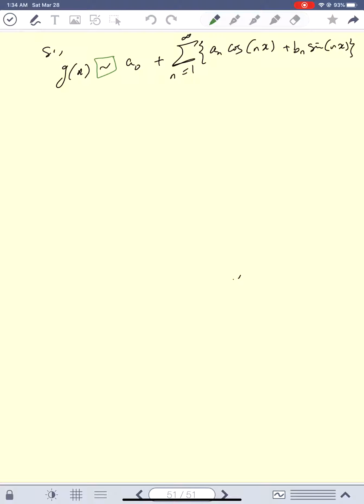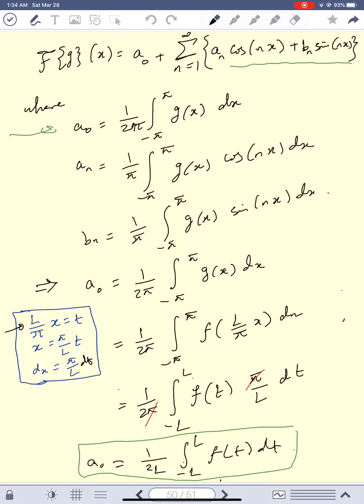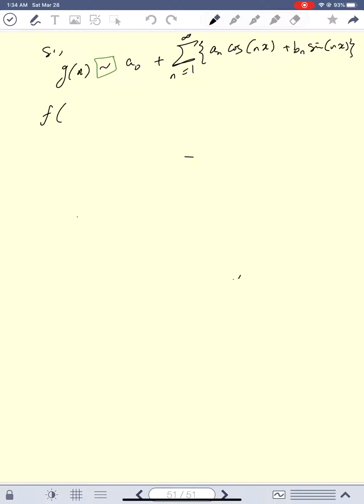This is just to say the Fourier series of g is equal to this. Sometimes we write this, sometimes we write that. But I like to use this notation in this example because now I want to say, okay, what is g of x? So f of L over pi x is this thing. Just copying that line.